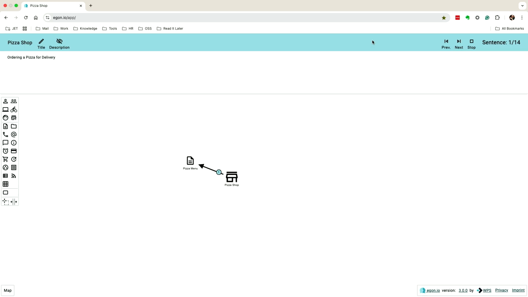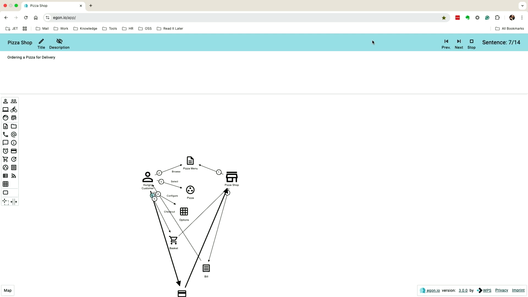So effectively, my pizza shop puts up a menu. My hungry customer browses the menu. They choose a pizza. They configure the options on the pizza. They put it in a basket, and effectively we check out that basket at the shop. We get a bill, which we then agree to pay. The credit card's slightly off the screen, and that results in an order.